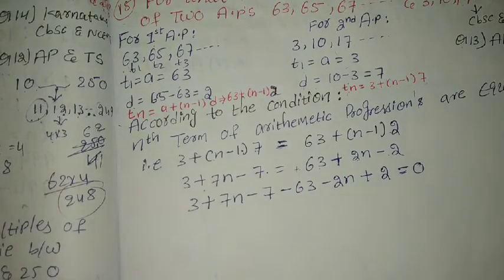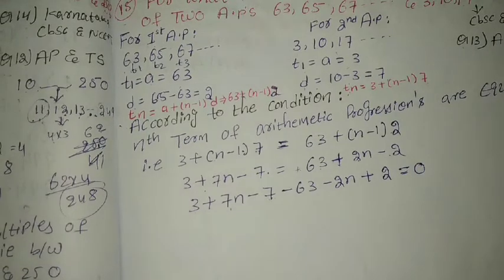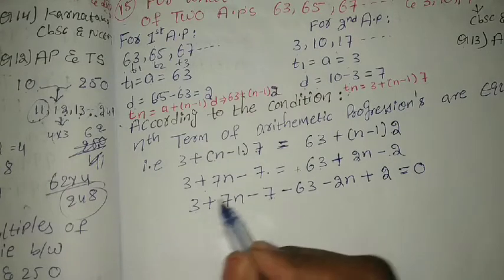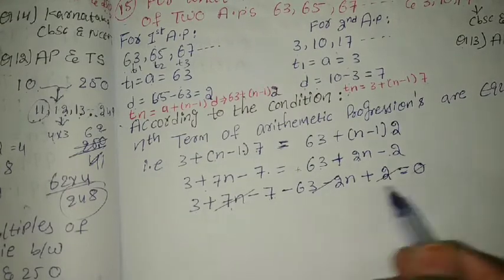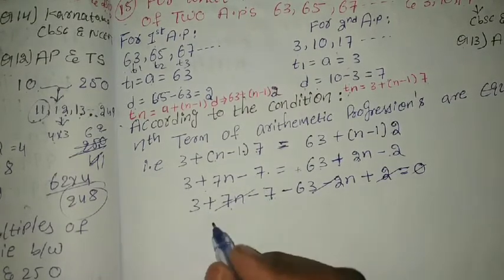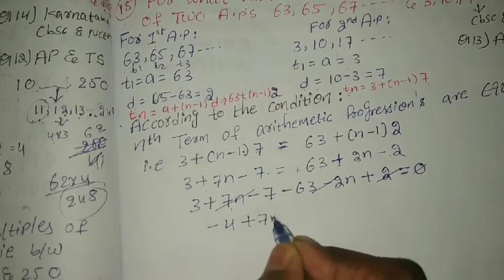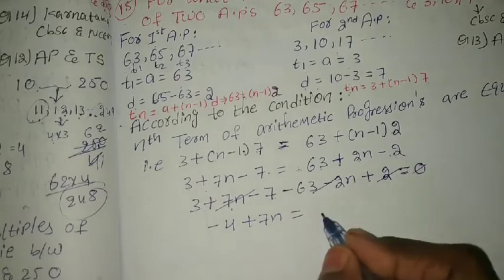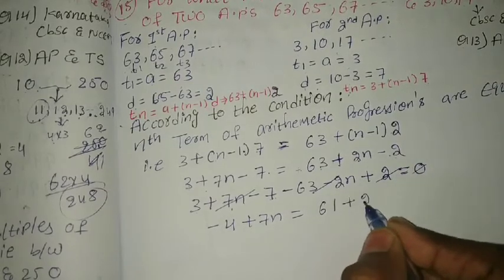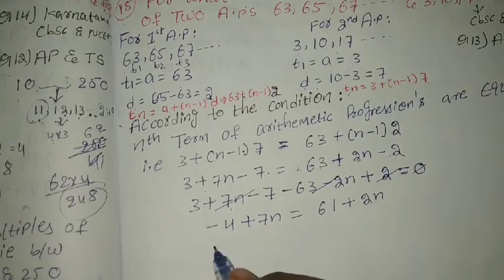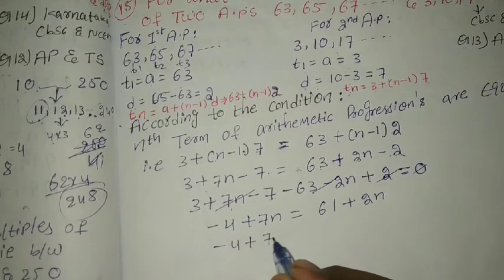Okay. So now what we have to do here? Check once. See here, if you are getting confused here, just do it like that. Remove this step. Check here, 3 minus 7, what? That is minus 4 plus 7n is equal to 63 minus 2, we get 61 plus 2n. Okay, now you can do the before method.